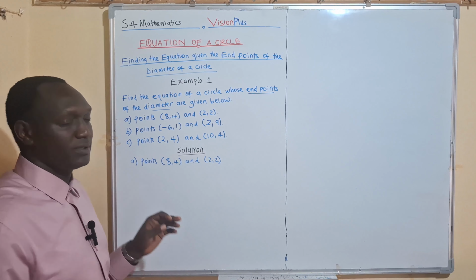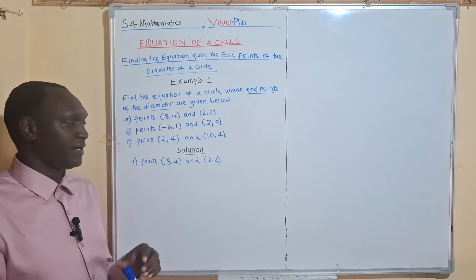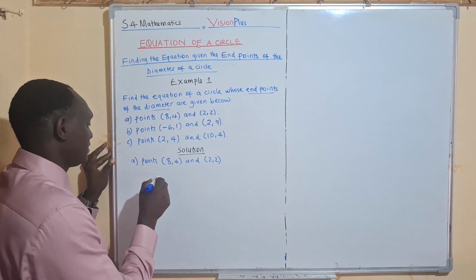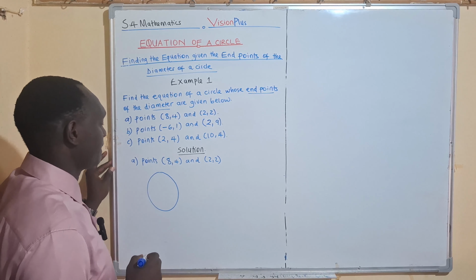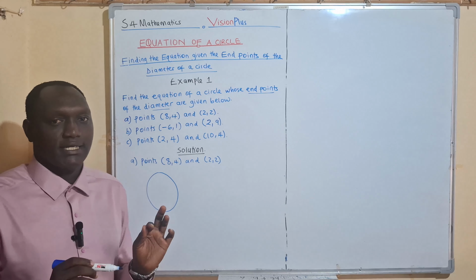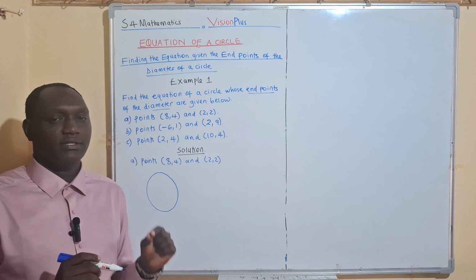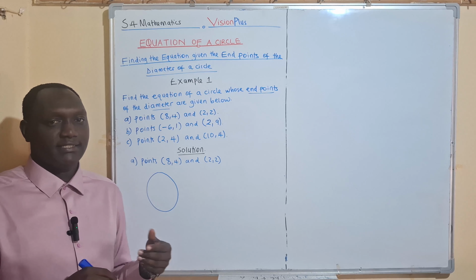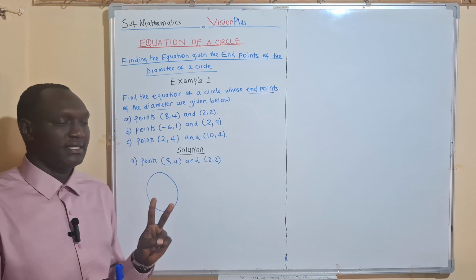What does it mean when we say that 2 points are the endpoints of a diameter? It means that if you have a circle in this manner, this is the circle, draw a diameter. Remember, a diameter of a circle is a line that divides the circle into two equal parts.